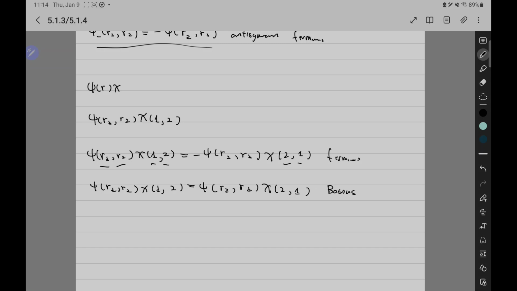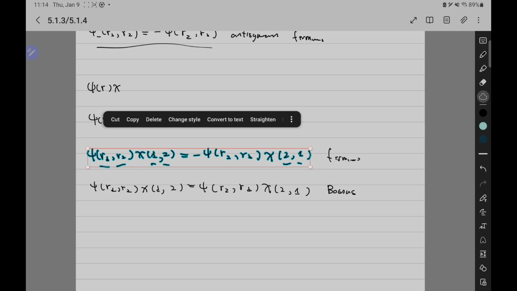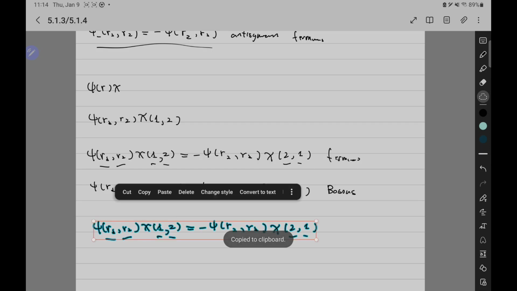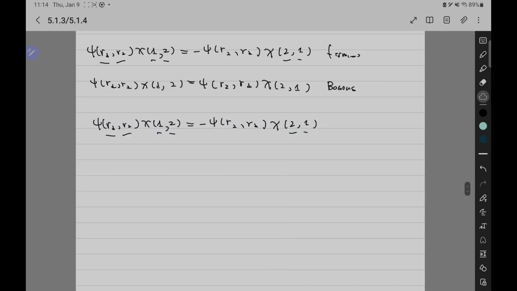And what's very interesting about the anti-symmetrical case here is, let's copy and paste this and move it down. What's very interesting is that if phi of r1, r2 is symmetric, then chi of 1, 2 must be anti-symmetric.